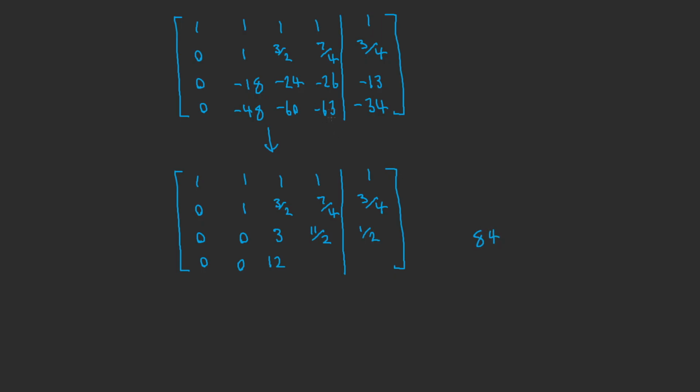Then I add 84 to -63 here. That's 84 minus 63, which is 21. Okay, and then 48 times 3/4 is going to be 12 times 3, which is 36 minus 34, and I get a 2 here.